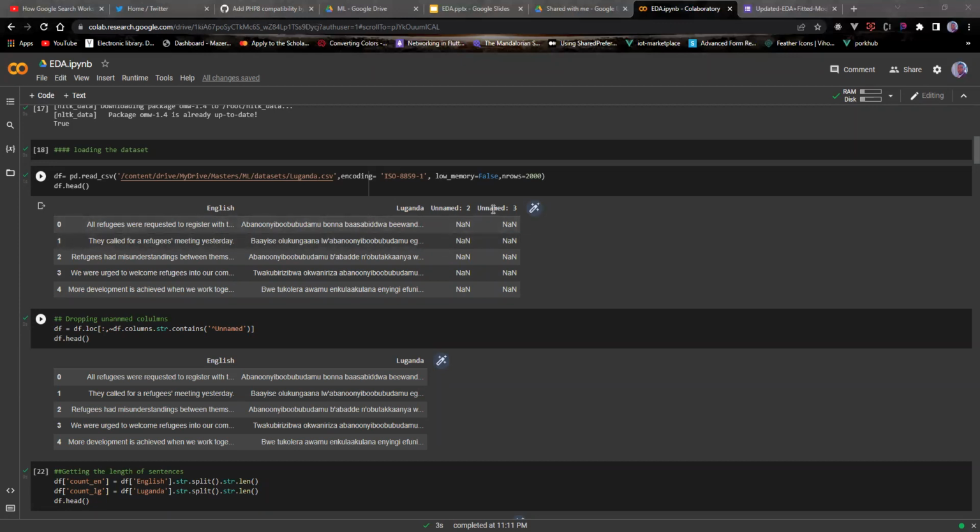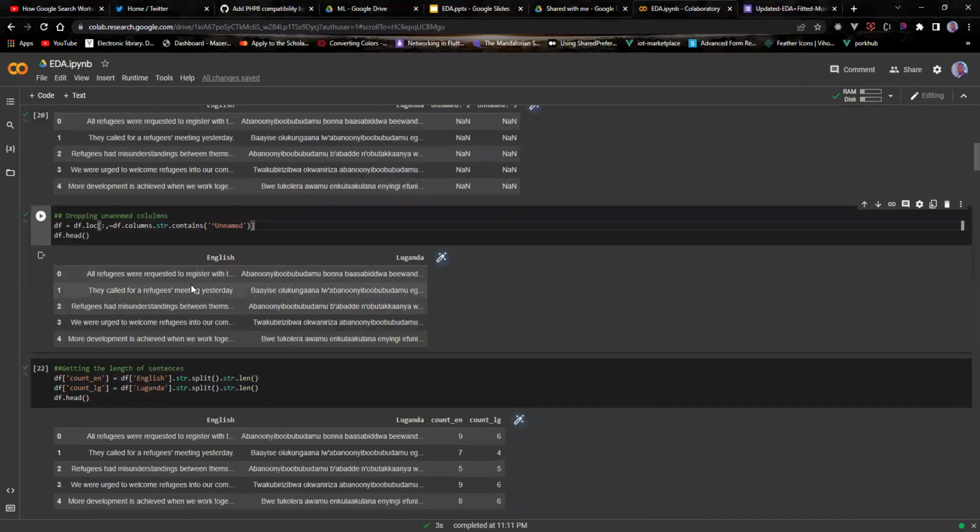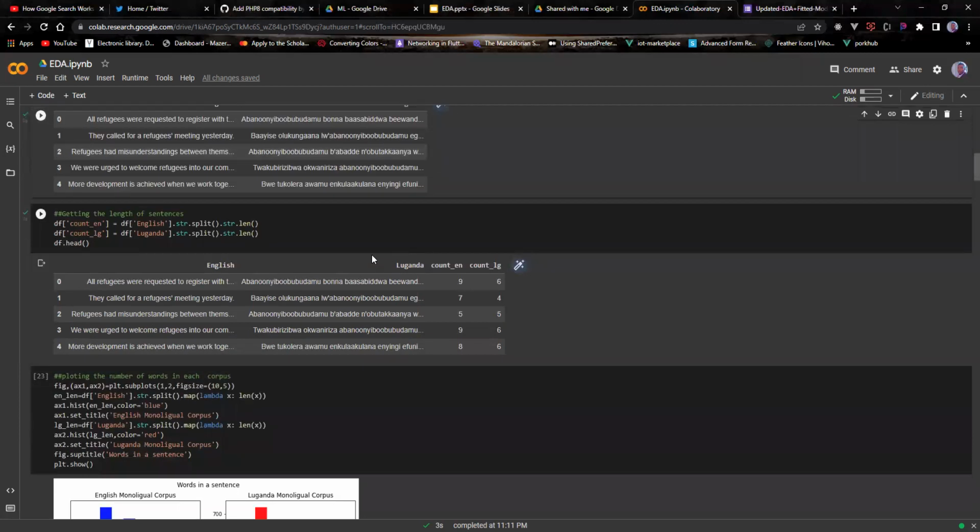We have some unnamed columns, which we remove here to try to have just each monolingual corpus, the one for English and then the one for Luganda.